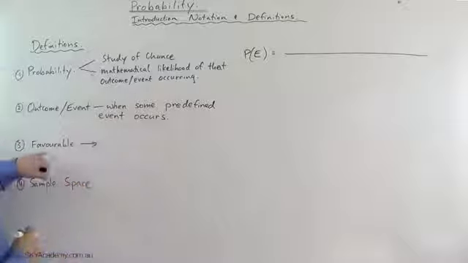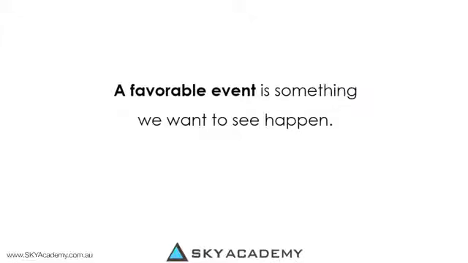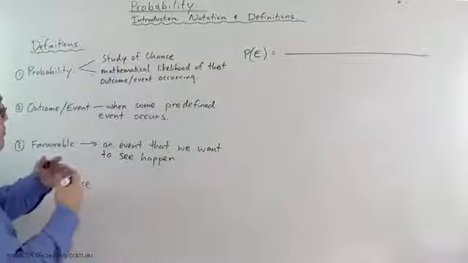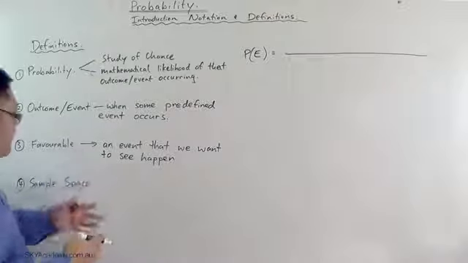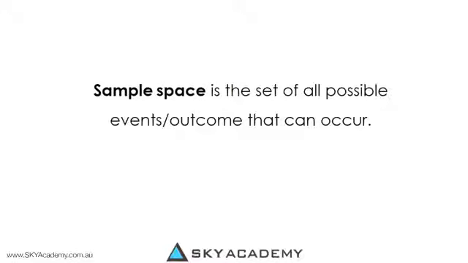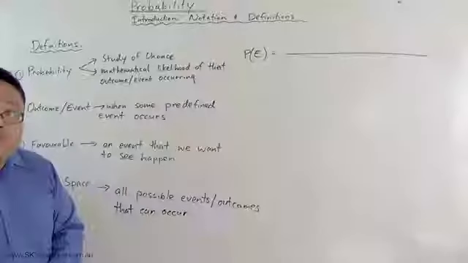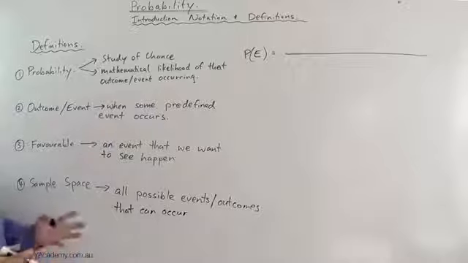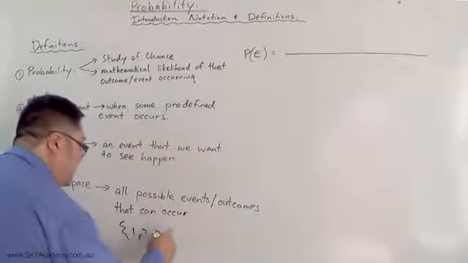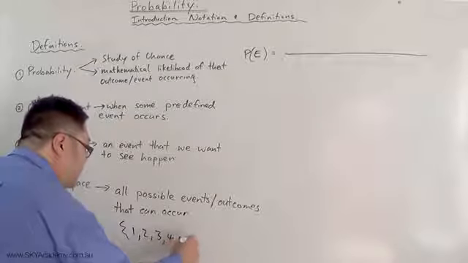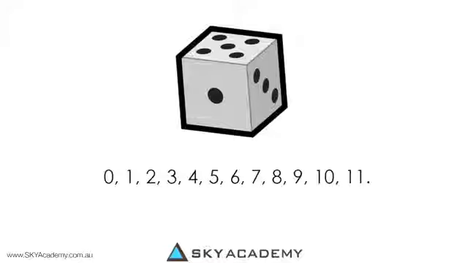A favorable event is something that we want to see happen. So the probability of a favorable event is the probability that it will occur. The sample space is all possible events or outcomes that can occur. When it comes to rolling a die, the sample space would be the numbers 1, 2, 3, 4, 5, and 6, because a die has 6 faces.